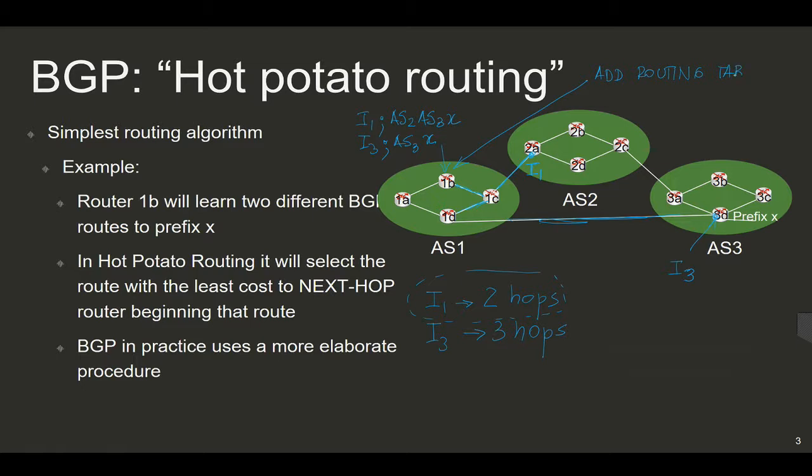It's going to say that in order to reach prefix X, it has to use interface number 1. Even though there's a faster path that goes through a fewer number of routers, notice that that is the case, we would go directly to AS3. But in hot potato routing, that doesn't matter, and the entry that is added to the routing table for 1B is that one.